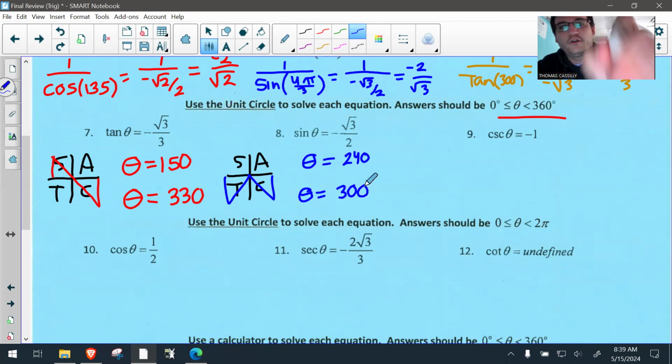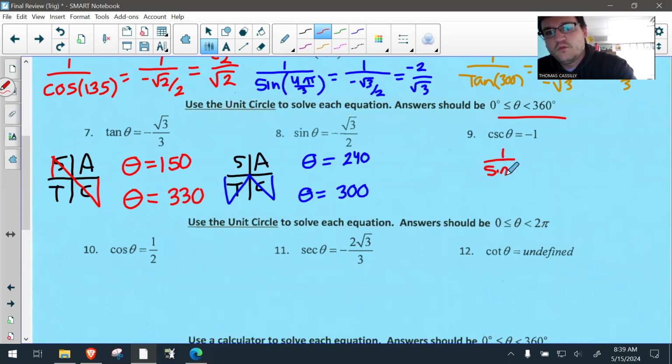All right, then the last one, the cosecant. Cosecant of theta has an extra layer because this is 1 over the sine. 1 over the sine of theta equals negative 1 over 1. To get around that, take both of these fractions and flip them upside down. Fortunately, negative 1 over 1 flipped upside down stays negative 1 over 1, which is negative 1.